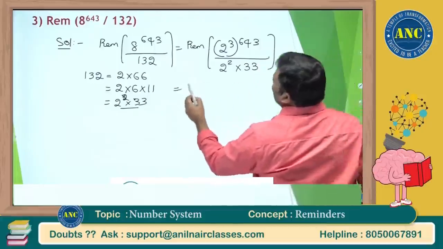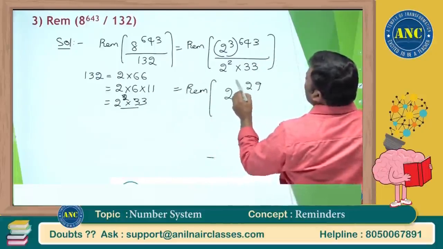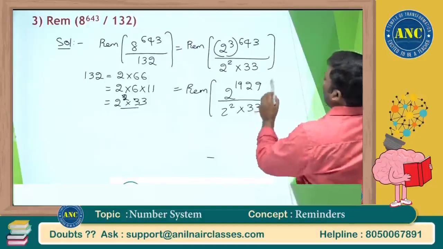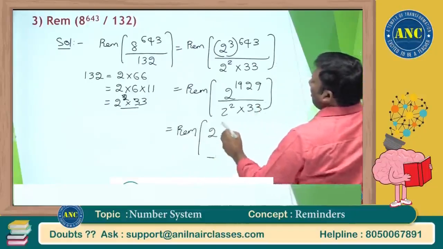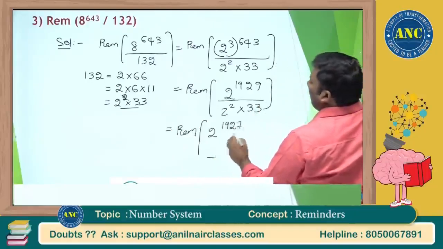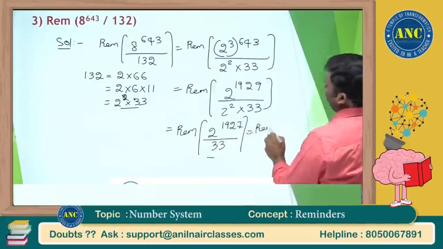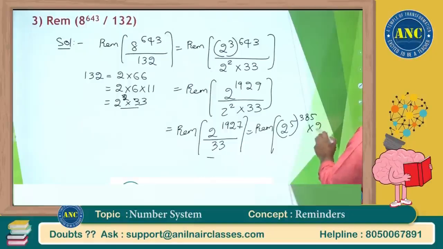Remainder 1: this becomes 2 power 1927 divided by 33. 2 power 5 is 32, which is 32 by 33, minus 1.